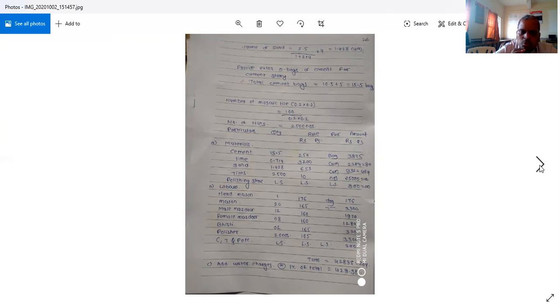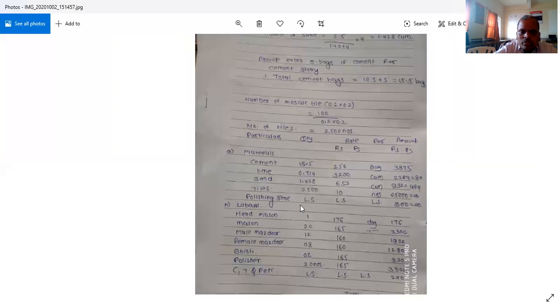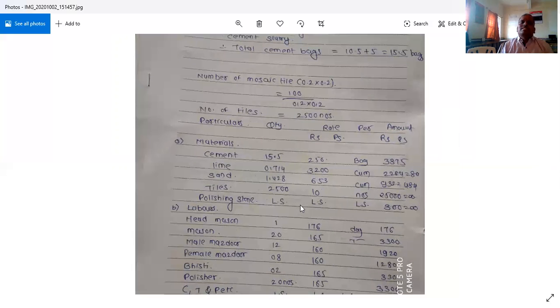While putting the tile or mosaic tile, we have to first of all place the mortar. After that we have to make it plain. After that we have to put a slurry so that the proper bonding can be achieved very easily. So the total number of bags of cement required is 10.5 plus 5. In this manner we have to find out the cement, sand and lime.